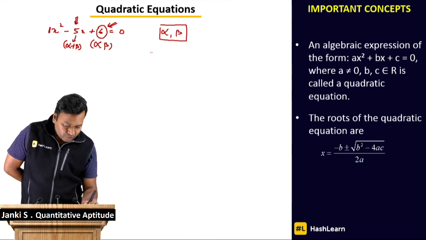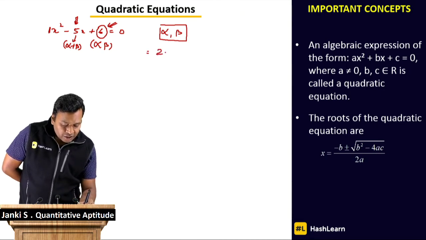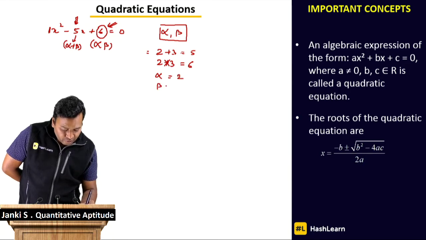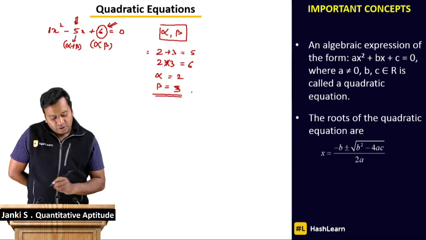That's my condition possible. So what are the conditions possible? It can be 2 plus 3 is equal to 5, or else 2 into 3 is equal to 6, right? So that means alpha will be 2 and beta will be nothing but 3, right? That's my condition possible here.